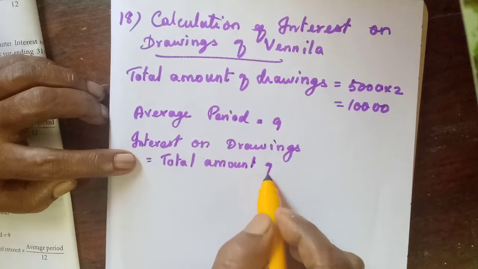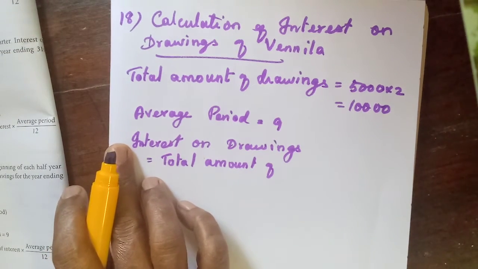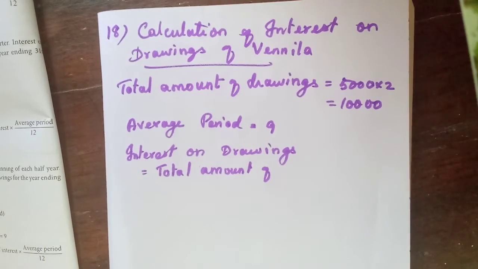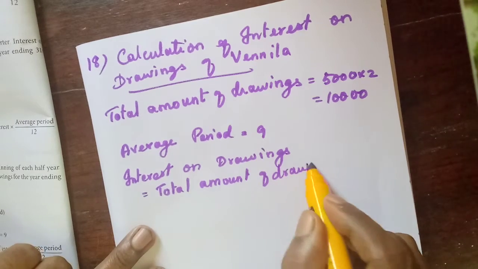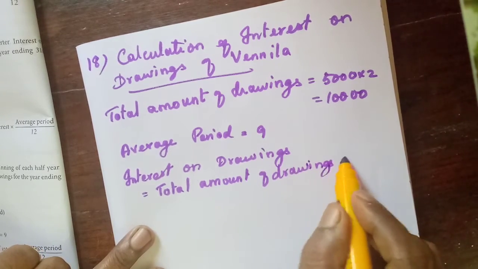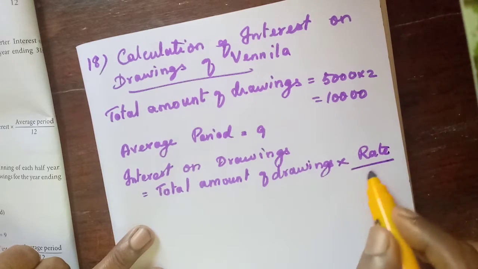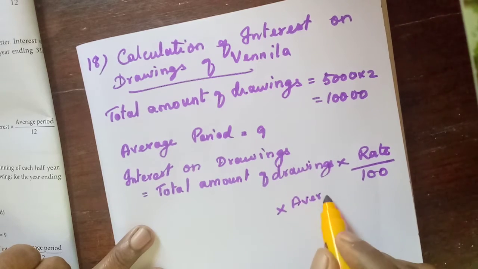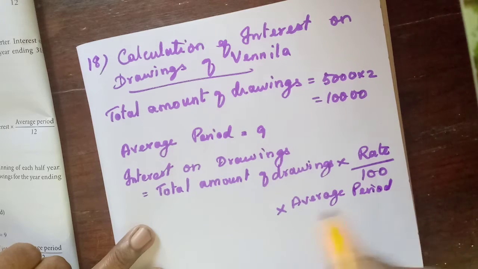Total amount of drawings into rate by 100 into average period by 12.